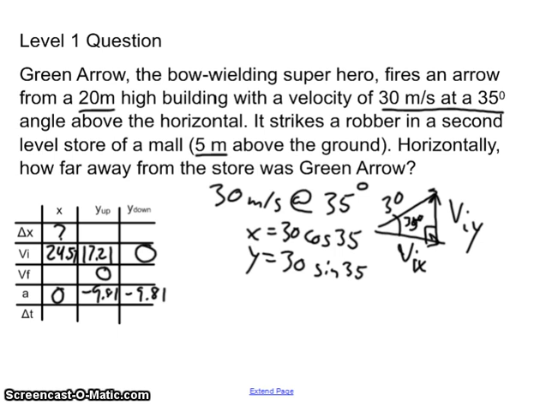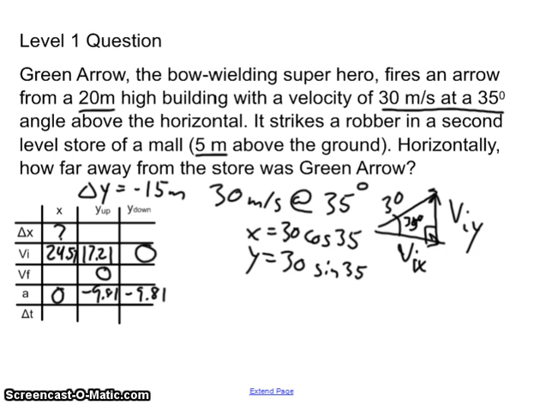Now we started at that 20-meter high building, we ended up 5 meters above the ground, so that's a total y displacement of negative 15 meters. Now I cannot put that into my chart because that is not the displacement going up and it's not the displacement going down. The displacement going up is how far up to the maximum height.